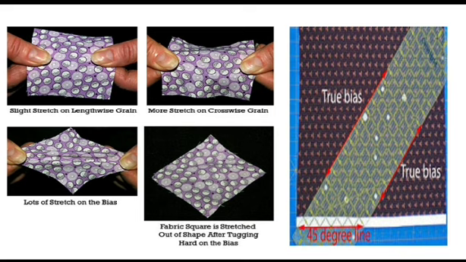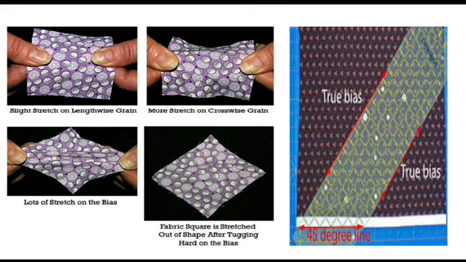See the third picture, if you stretch in the bias direction, then you get more flexibility. Compared to the first and second, see the third picture, how the fabric is stretching because it is held in the bias direction, right? So it gets more flexibility, a lot of stretch is given in the bias direction. But we won't use bias for constructing purposes.